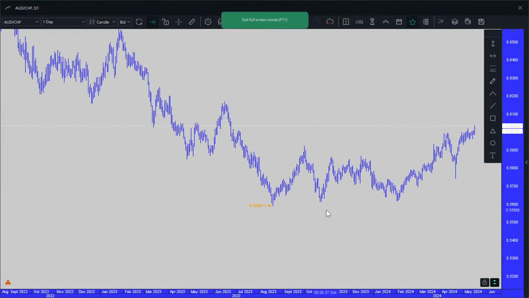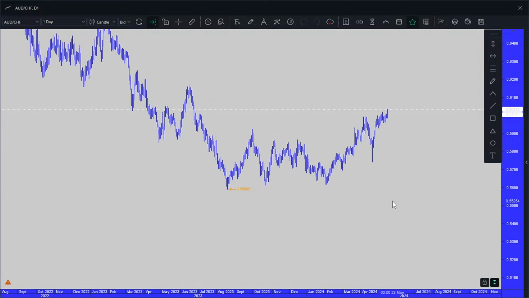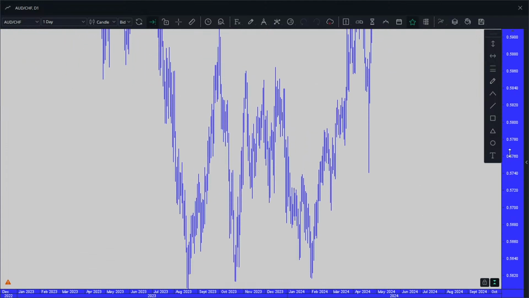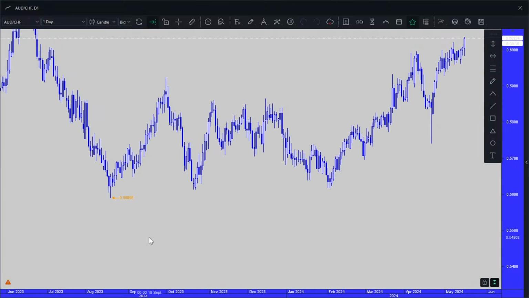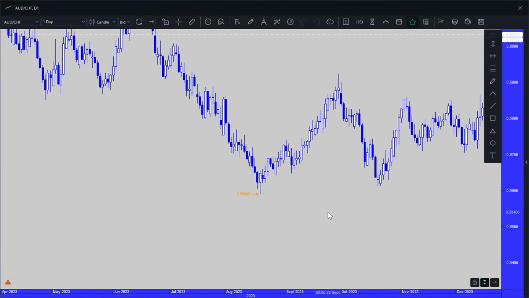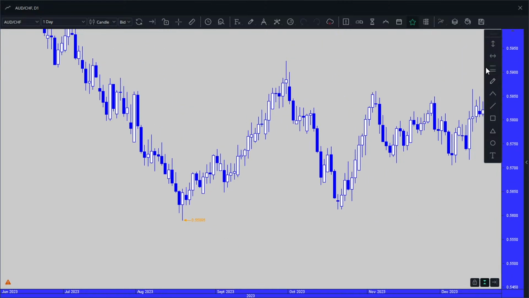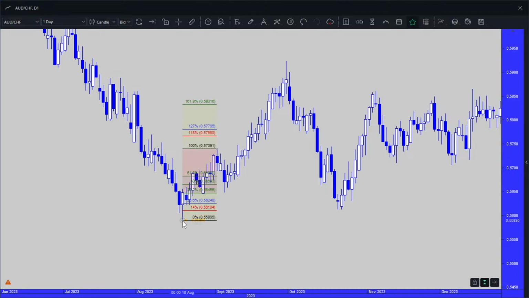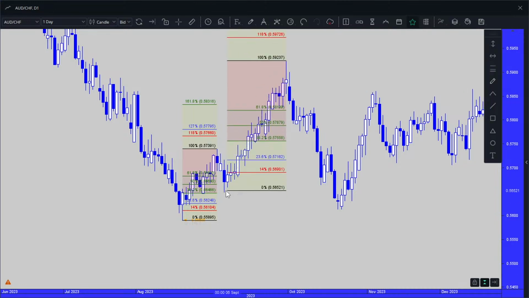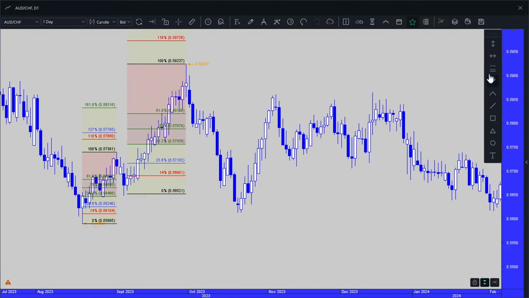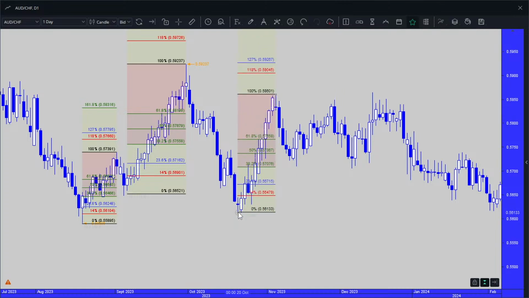AUD daily chart. Oh my gosh, no Fibonacci on the daily chart? So let's go back in here and put Fibonacci on price action. A, B, A to B. A, B, C, D. The market broke our A, so the next Fibonacci is up in here.